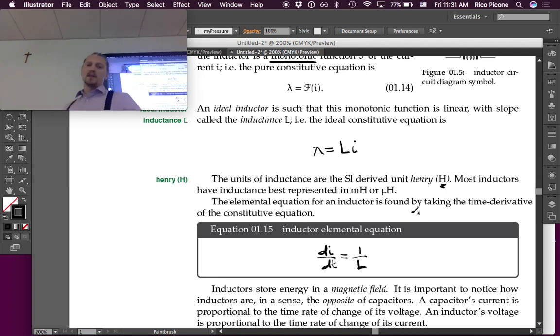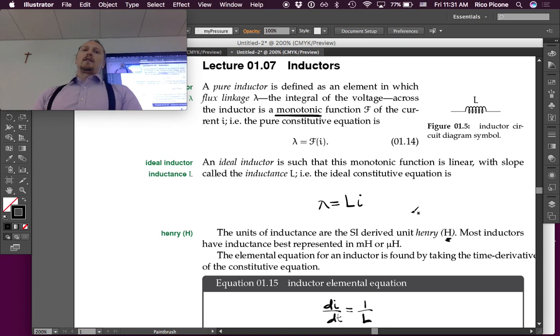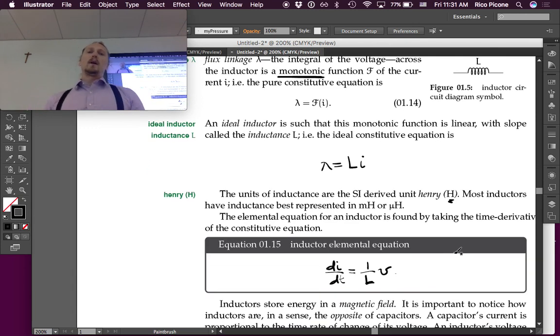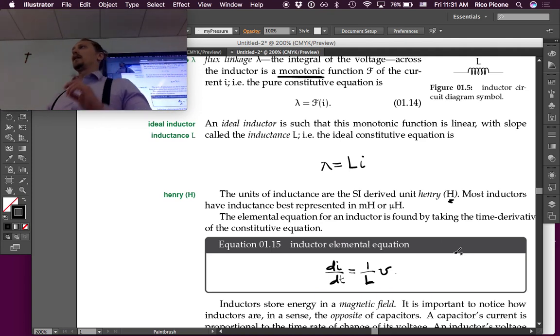Time derivative doesn't affect it. We take the time derivative of lambda, which up here I defined the flux linkage as being the integral of the voltage. What are we going to be left with? Voltage. So there's our elemental equation, which relates the current and the voltage.